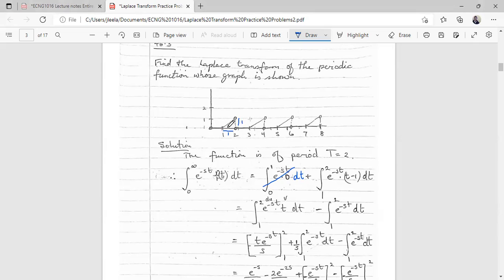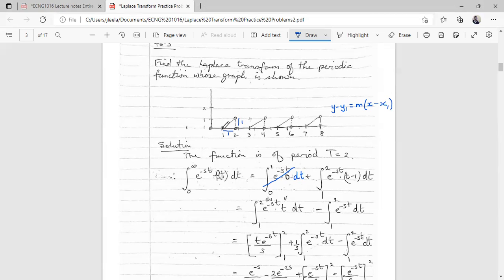Now we want to find the intercept, because this is a straight line. So you have y minus y1 equals m times x minus x1, just straightforward.